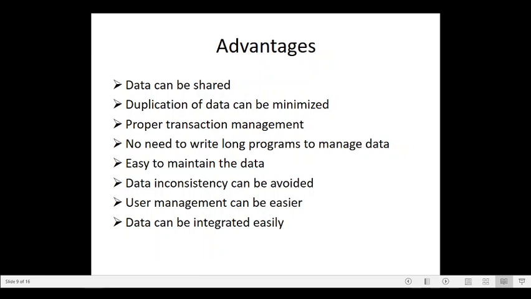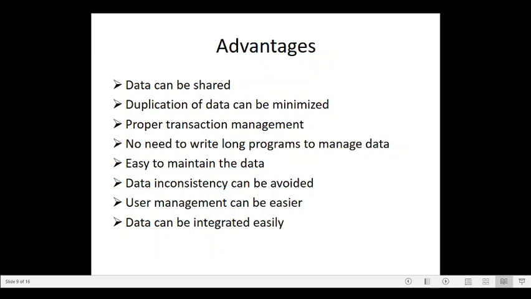Another advantage is that data inconsistency can be avoided. As the data is integrated, the user is not bothered about updating the same data in different files. And it also makes user management easier.